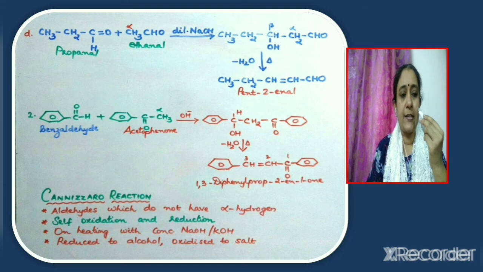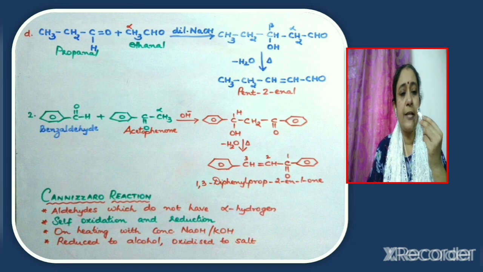Now consider the next example for the cross aldol condensation reaction. Here benzaldehyde is made to react with acetophenone in the presence of dilute sodium hydroxide. Benzaldehyde does not contain alpha hydrogen, whereas acetophenone, a ketone, contains alpha hydrogen atoms.